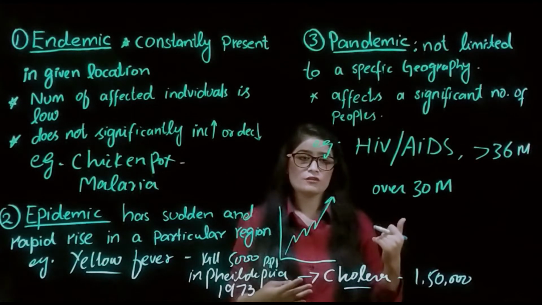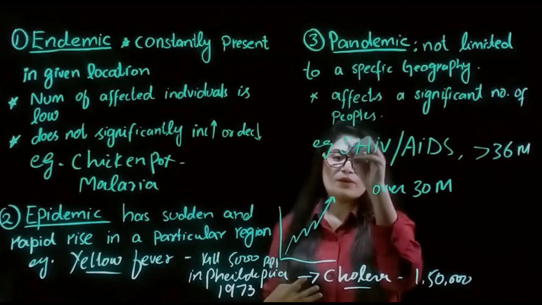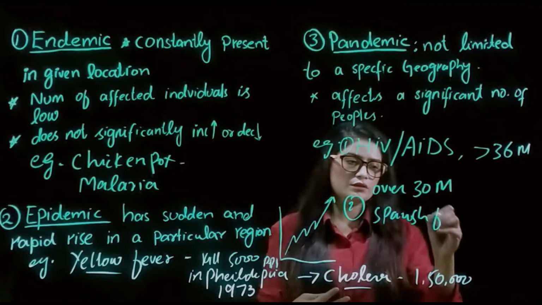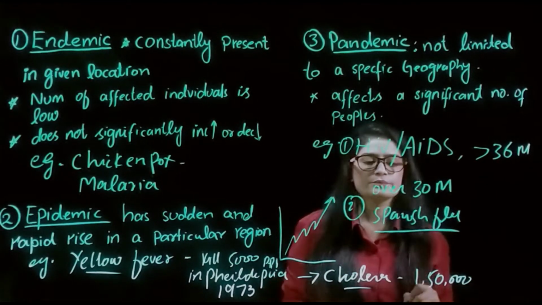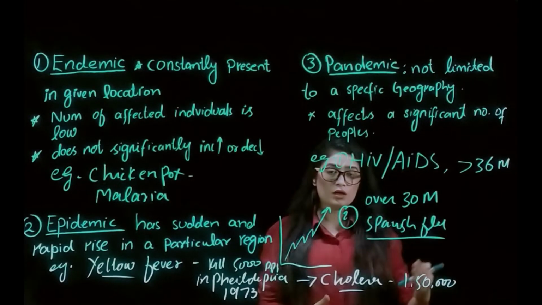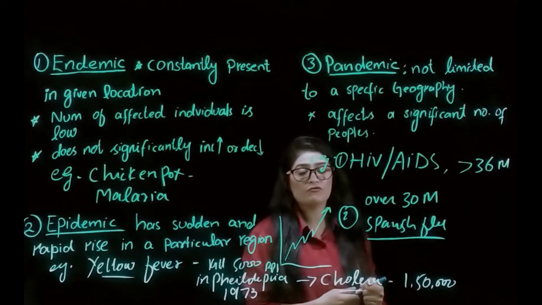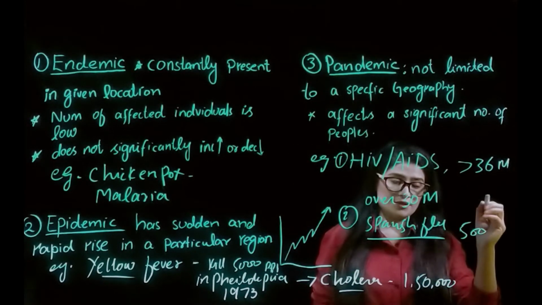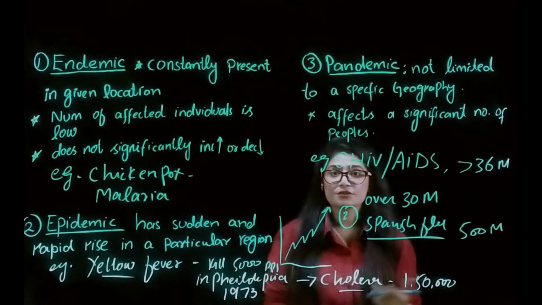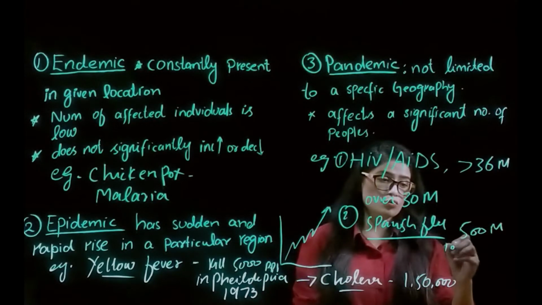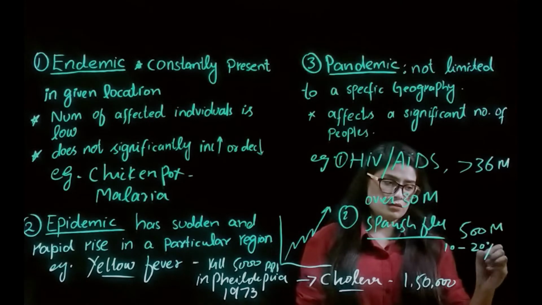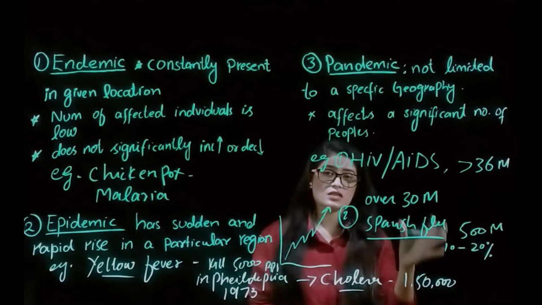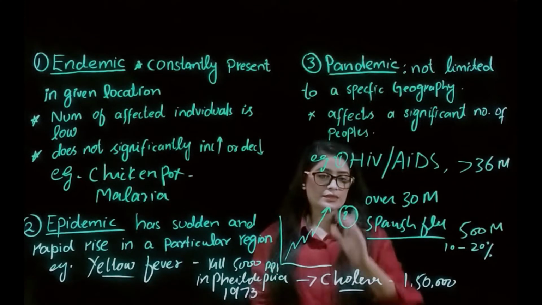And the next one we have is Spanish flu. Due to Spanish flu, approximately 500 million people were affected, and the mortality rate was 10 to 20%. A very serious kind of virus and disease that spread over that time.